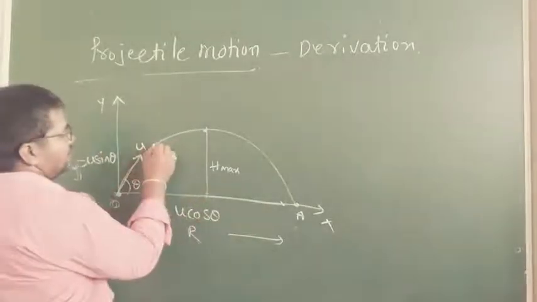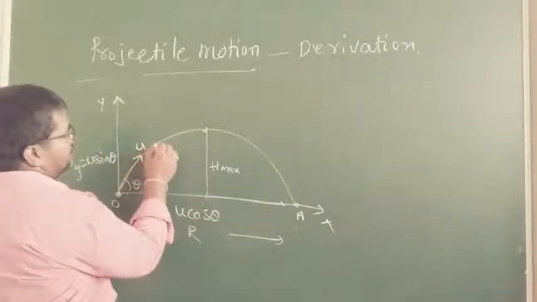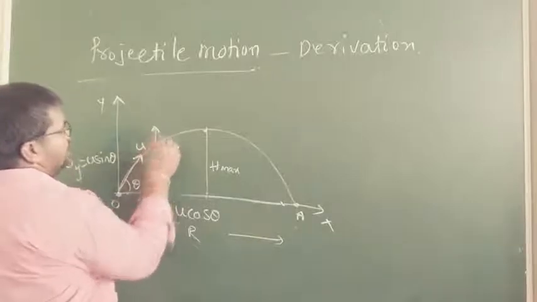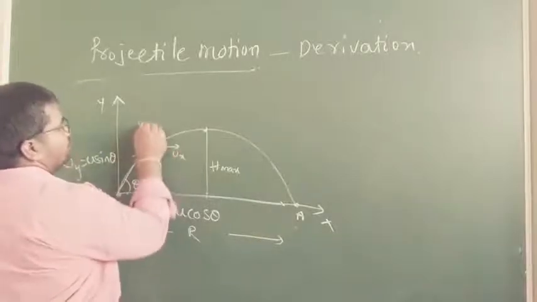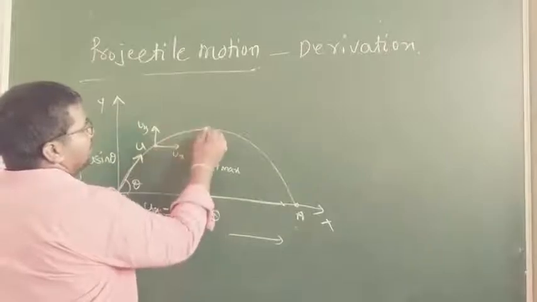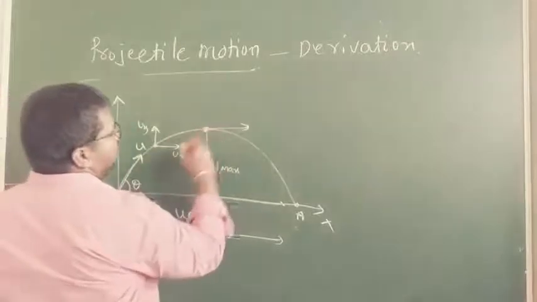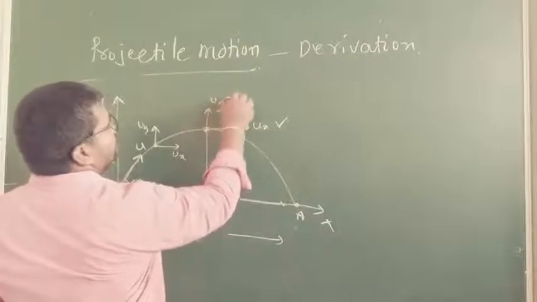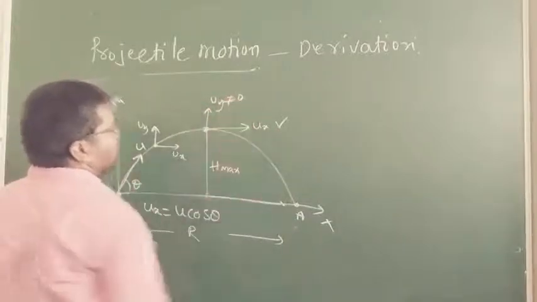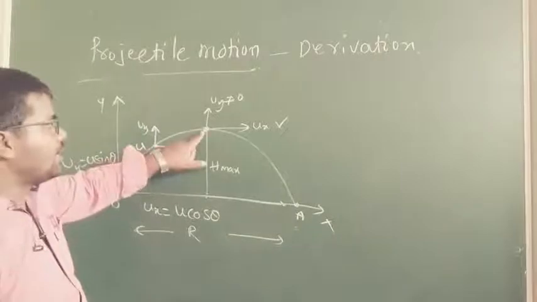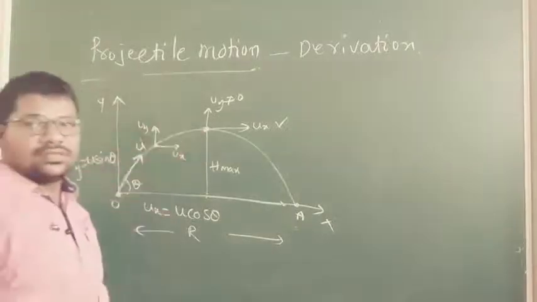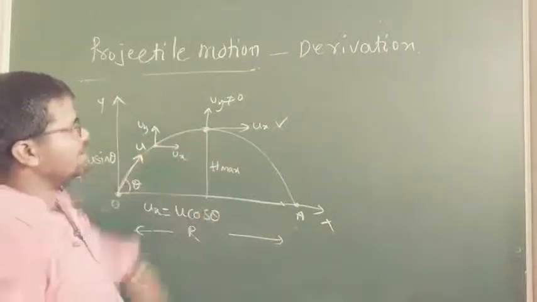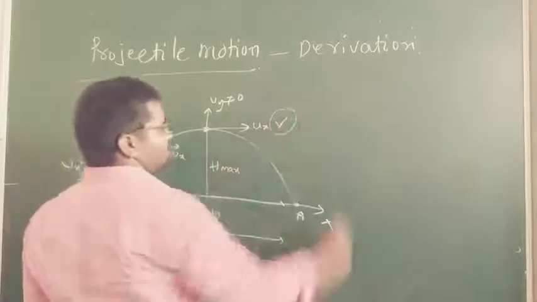Okay, see here, everywhere the velocity vector acts horizontally and vertically, ux and uy. At the top point there is no vertical velocity, only ux is there, so the vertical velocity is equal to 0. Here, horizontally, this is correct.